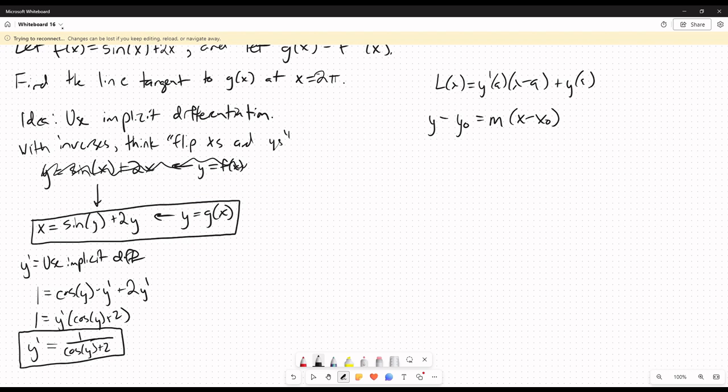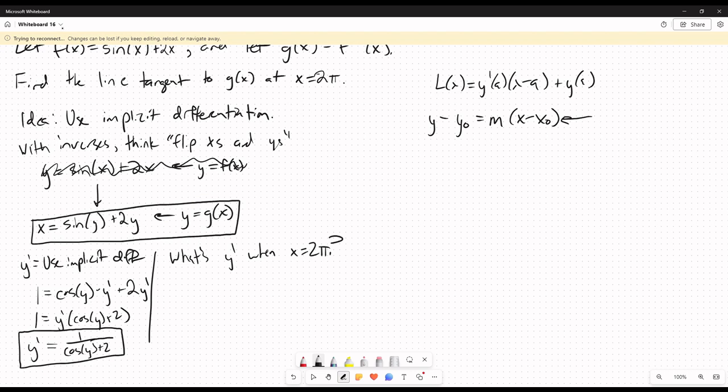We could use either of those formulas. I'm going to use this one just for fun. In order to find my slope, I'm going to need to find what's y prime when x equals 2 pi.